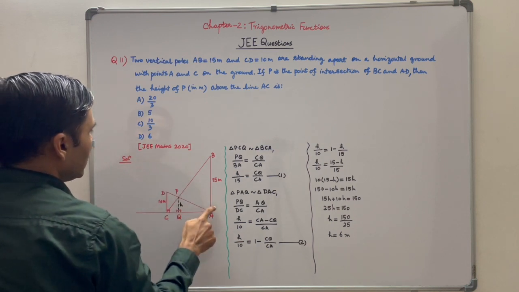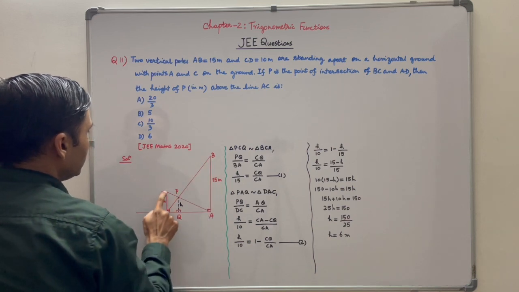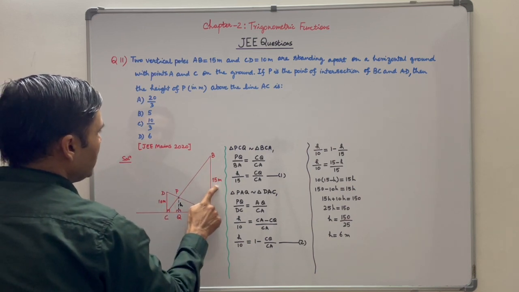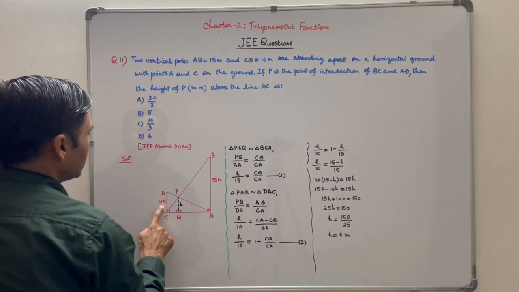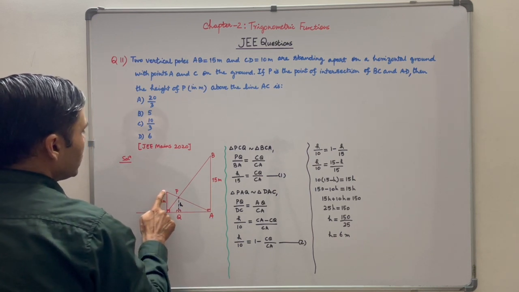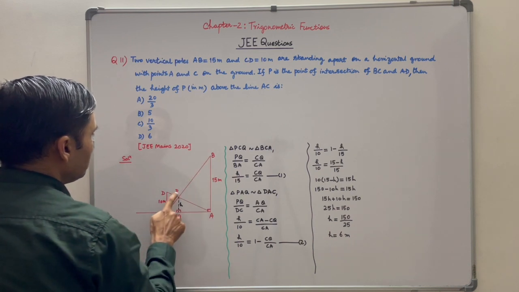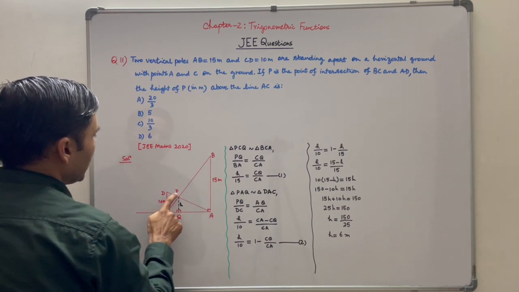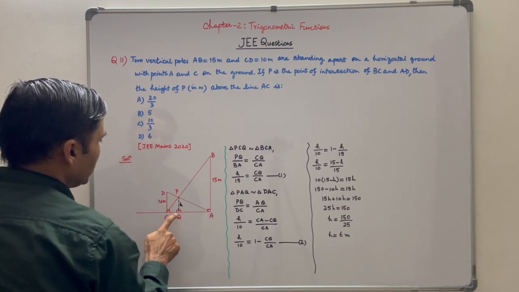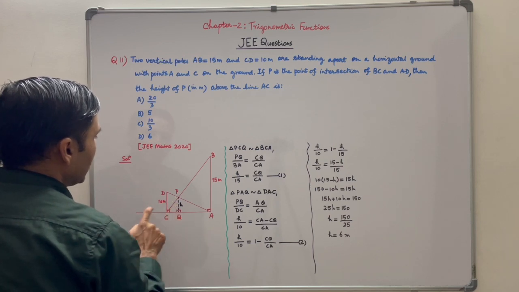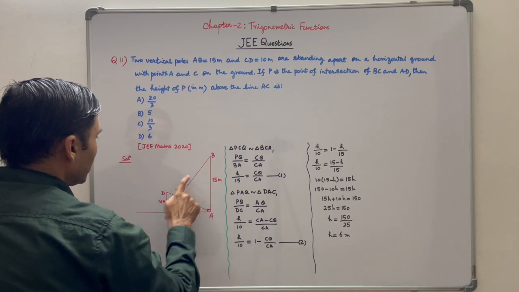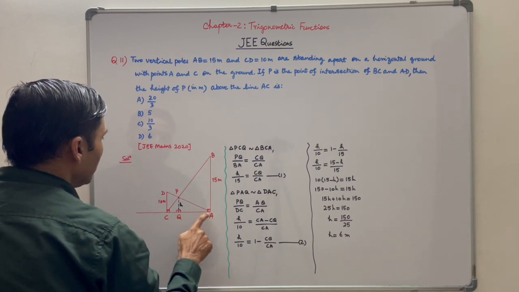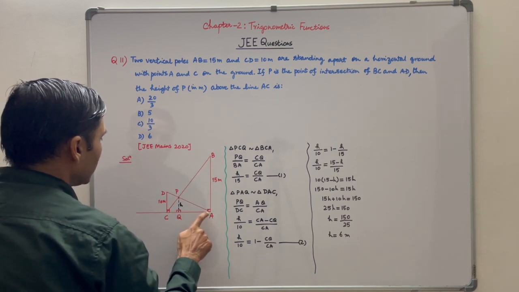It is given that there are two poles AB and CD. Height of pole AB is 15 meters and height of pole CD is 10 meters. Point of intersection of DA and BC is P. We have to calculate the height of P, that is PQ. Let's say PQ is h meters. Triangle PCQ and triangle BCA are similar triangles. We can prove that.